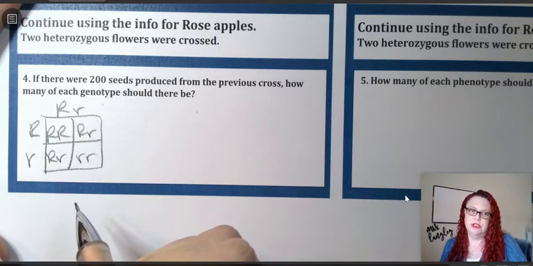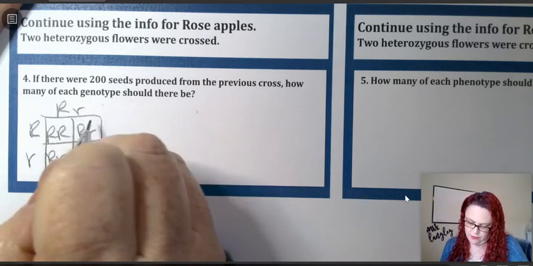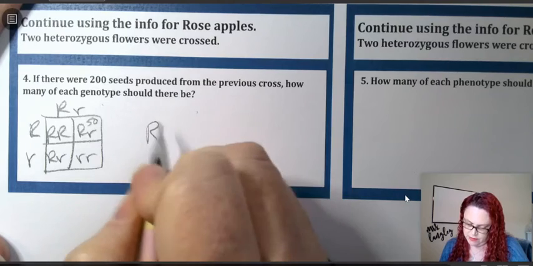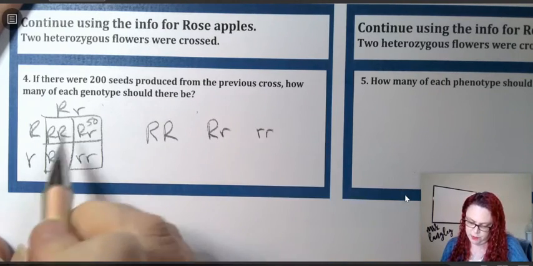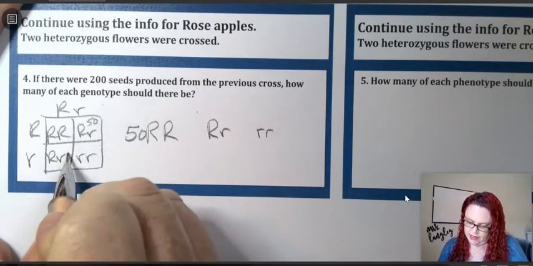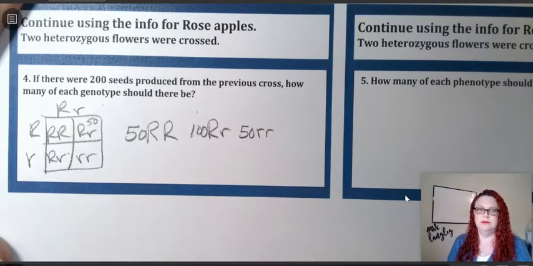So 200 divided by 4. That means that each of these boxes should have 50 seeds. And if I had the 3 different genotypes and 50 seeds for each box, that means I would have had 50 here. I have 2 boxes like that, so there'd be 100 seeds there and 50 seeds there.